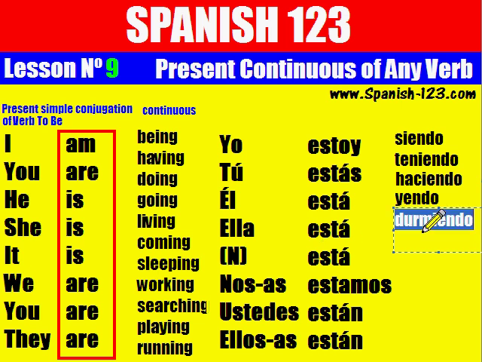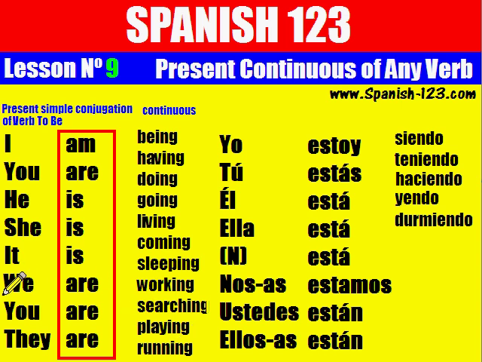Está durmiendo. Who? The dog. And in Spanish we don't have this pronoun, it. So you just can say está durmiendo. Who? The dog. Well, and you can say tú estás durmiendo. Él está siendo. Ella está yendo. Nosotros estamos durmiendo. And so on. You can play with the order.